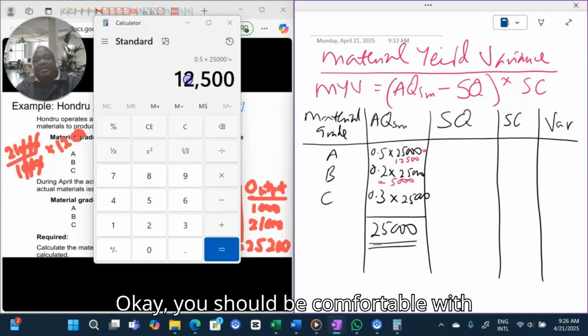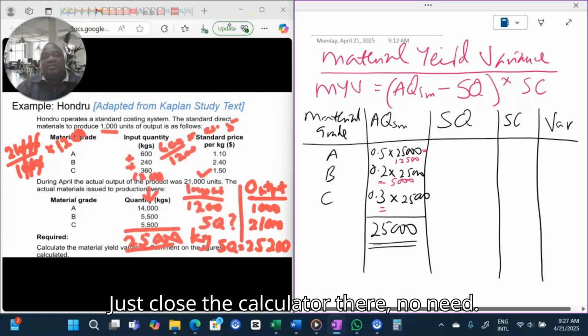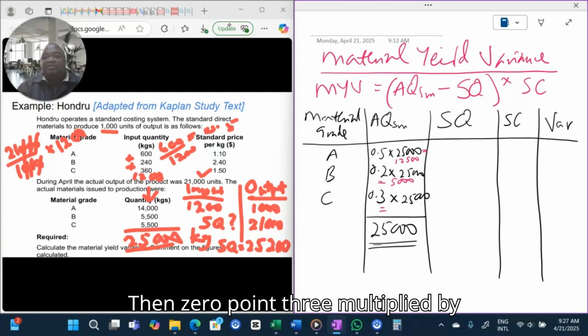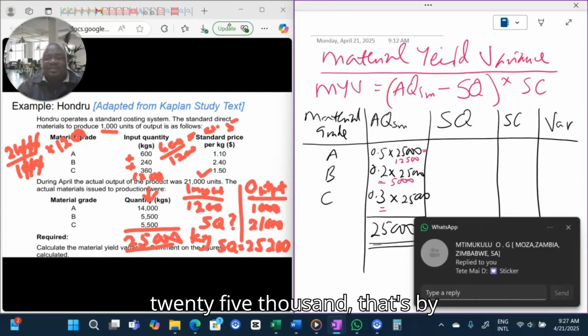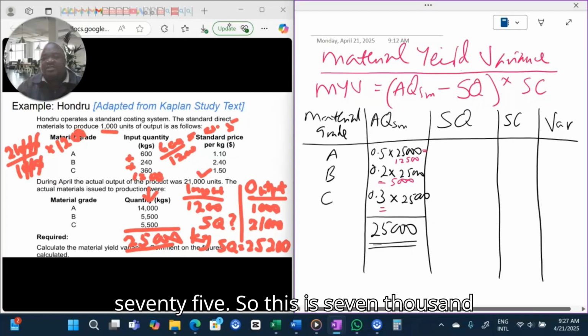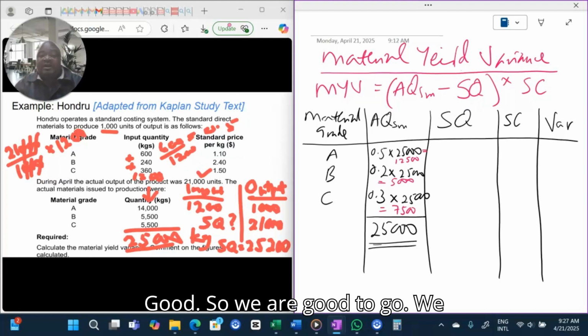You should be comfortable with these simple mathematical processes. Then 0.3 multiplied by 25,000, that's 5 by 25, that's 75. So this is 7,500. Good, we are good to go.